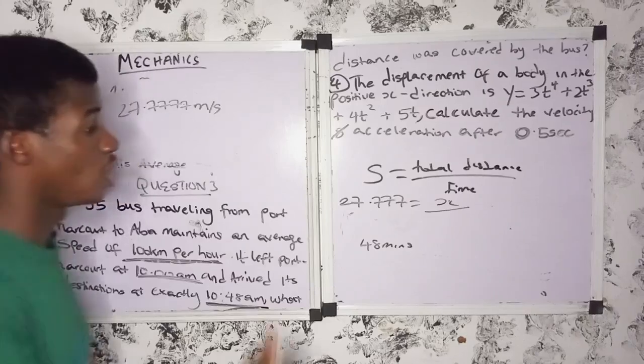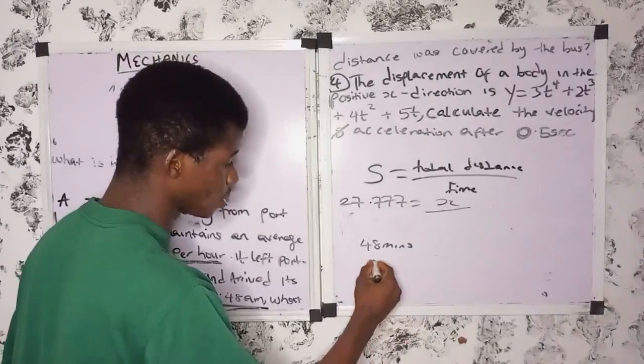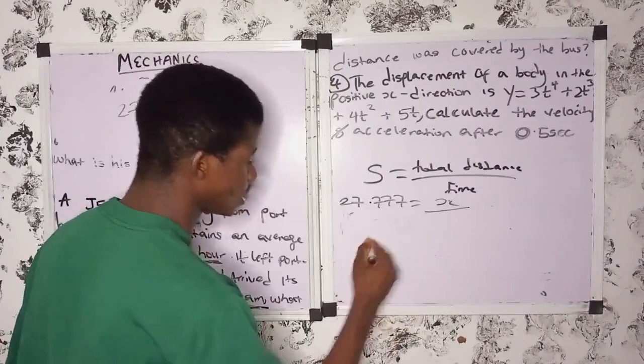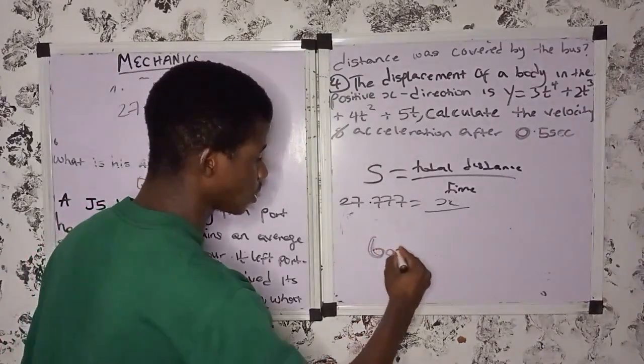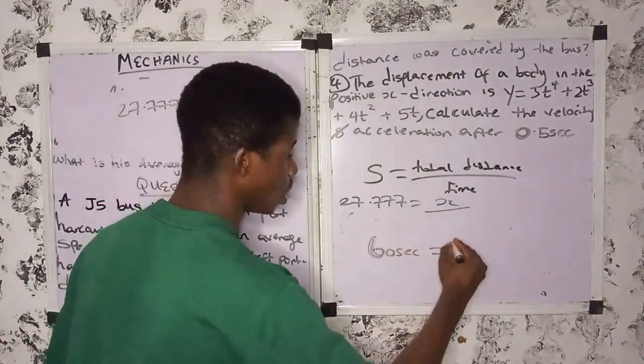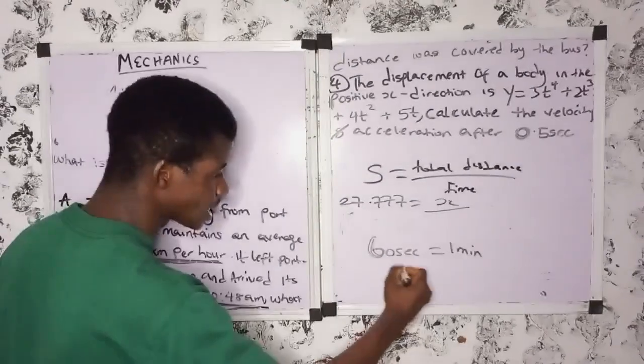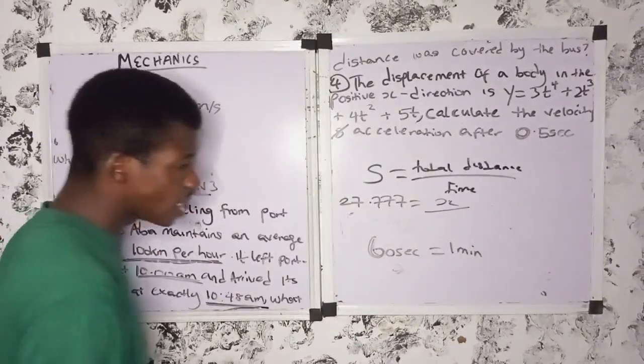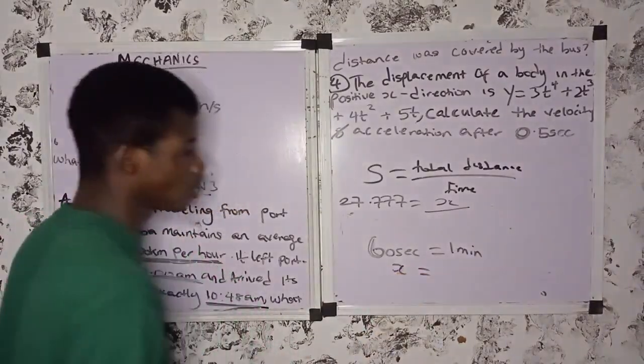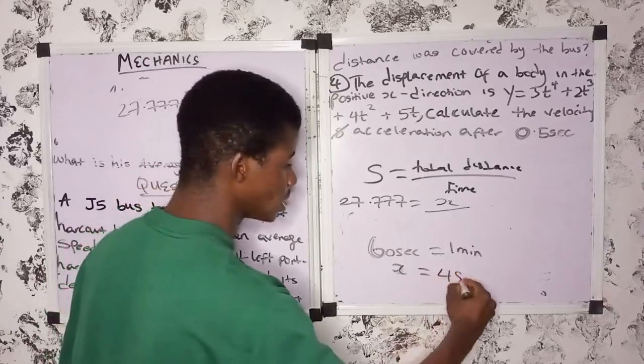We all know that 60 seconds is equal to 1 minute. So x seconds will be equal to 48 minutes.